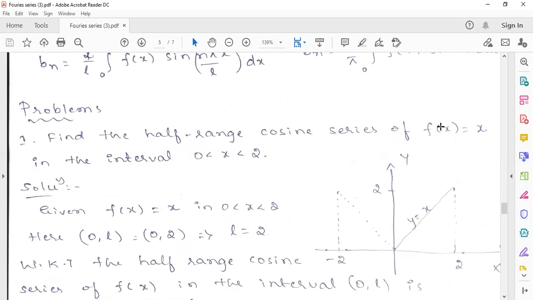Find the half range cosine series of the function f of x equals x in the interval 0 less than x less than 2. So 0 less than x less than 2 means, what is the period of this function? Anybody? What will be the period?